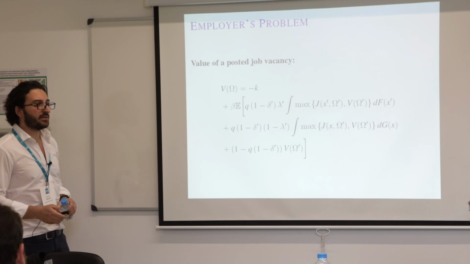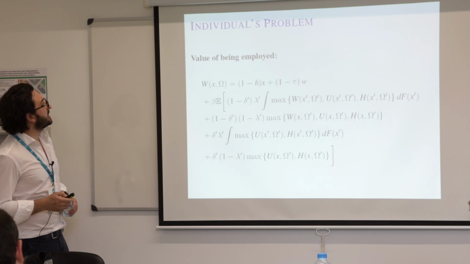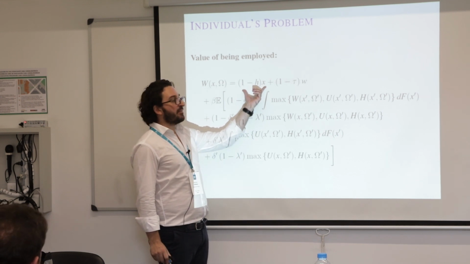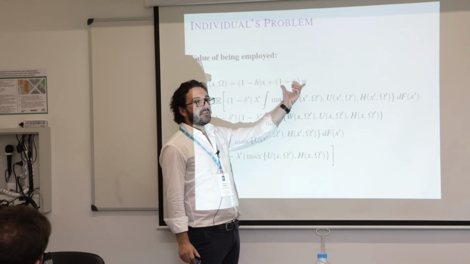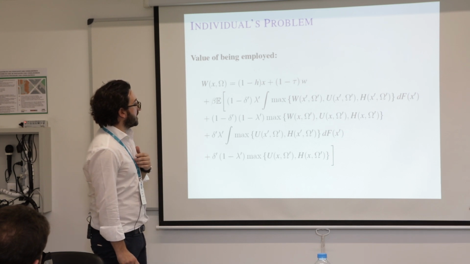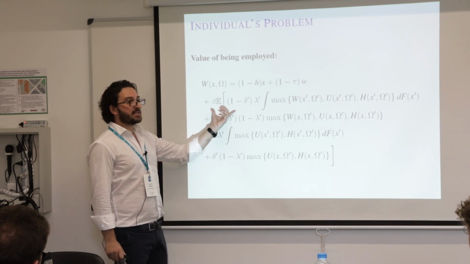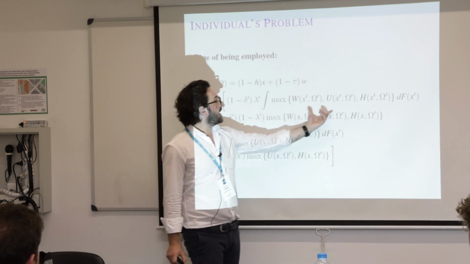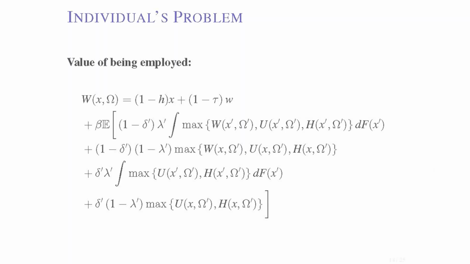So what is the value of being employed? The guy gets the utility 1 minus hx plus the after-tax wage income. And again, standard. So if the match is not destroyed, then the individual compares the value of being employed versus the value of being unemployed and the value of being non-participant.